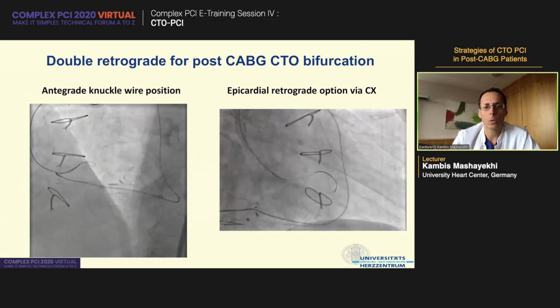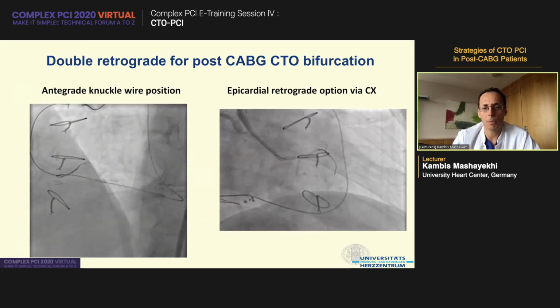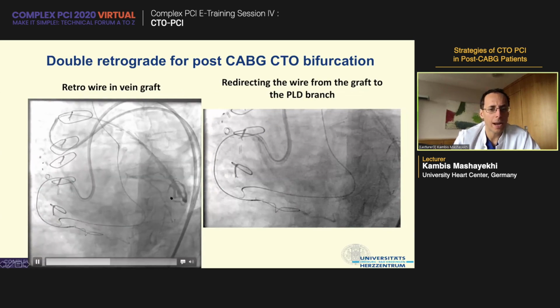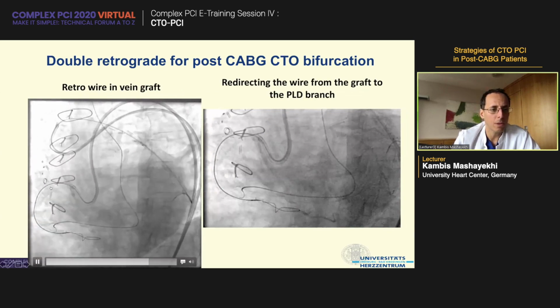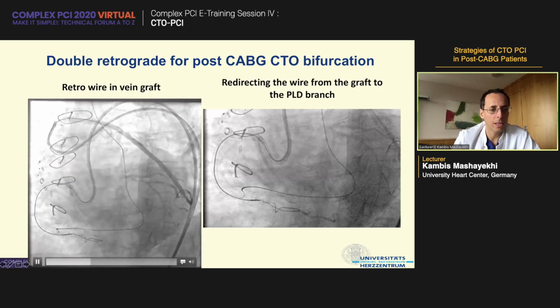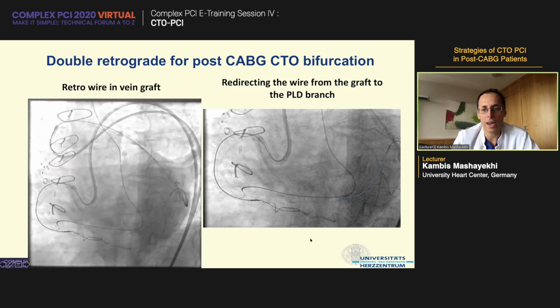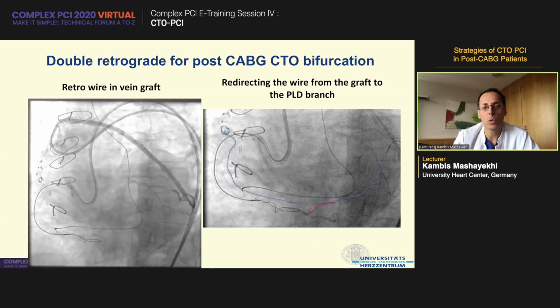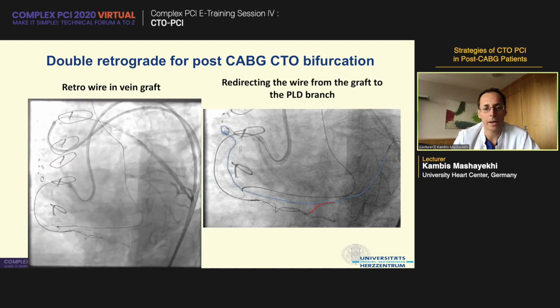And then I had to go retrograde over the vein graft and epicardial collateral as well. And finally, my retrograde wire over the vein graft ended up in the graft. So here I also had some anatomical issue. So I had to understand that this wire is going to the graft, and I had to redirect my wire towards my knuckle wire.